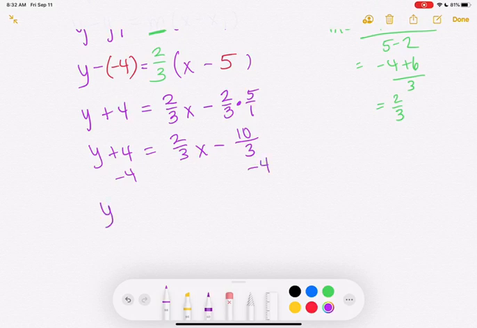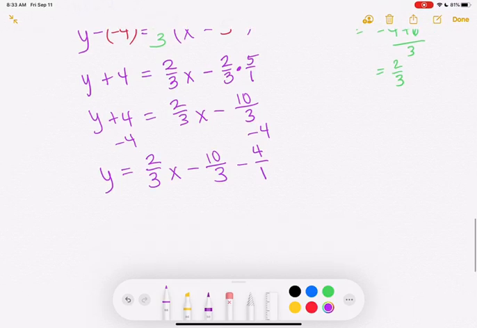So we have y equals 2/3 x minus 10 over 3 minus, now this 4, we're going to have to combine that with this 10 over 3, right? So I'm going to rewrite it right now as 4 over 1, because I need to subtract that 4. Now, in order to subtract my fractions, what do I need?